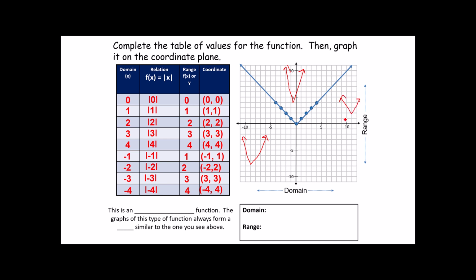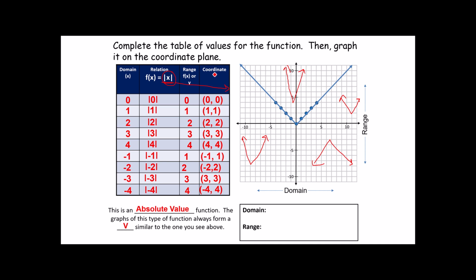In fact, you could get V's that are upside down. But no matter what happens, when you graph something that looks like this, it will always make a V for you. By the way, we call these absolute value functions for, well, obvious reasons. And an absolute value function will always give you a V.